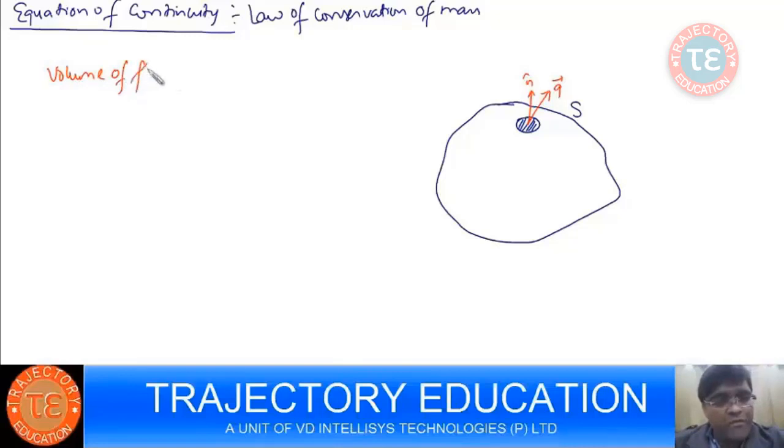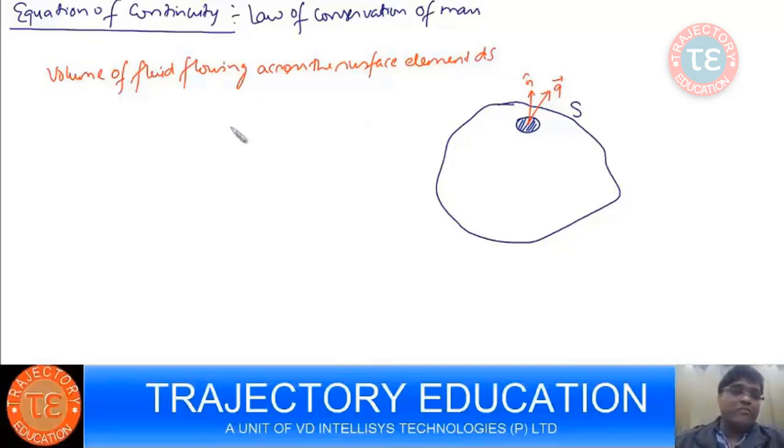What is the volume of fluid flowing across the surface element ds? That is q dot n ds. The volume of fluid flowing across the surface element ds, and of course per unit time.